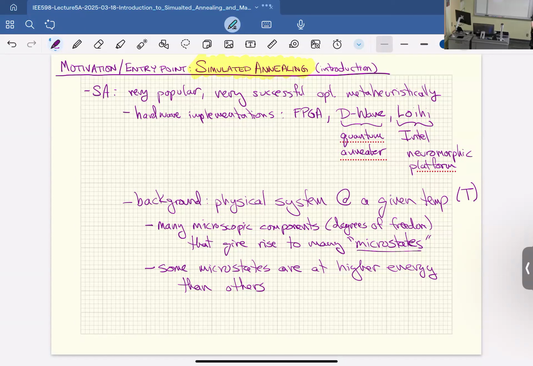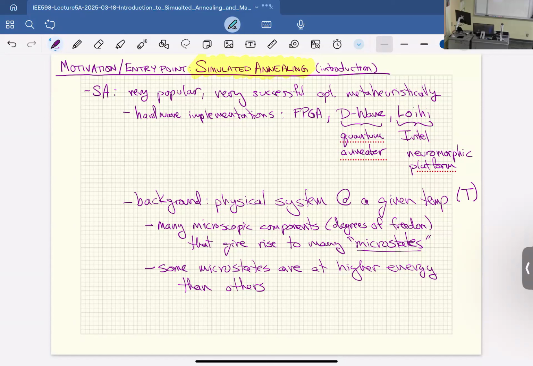And so it will tend to be at lower energy microstates because things tend to go lower, but it will occasionally, because it's thermally agitated by the temperature of the room, bump up to slightly higher microstates. So there's this constant jiggle, and that's just constantly going on inside that chair.